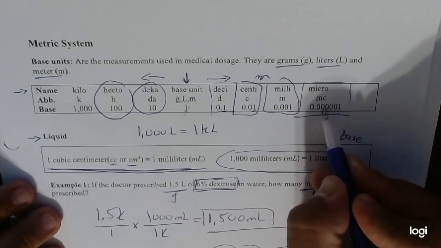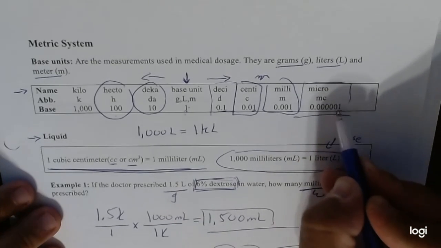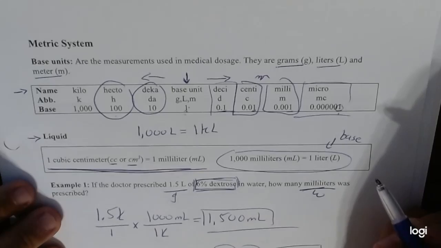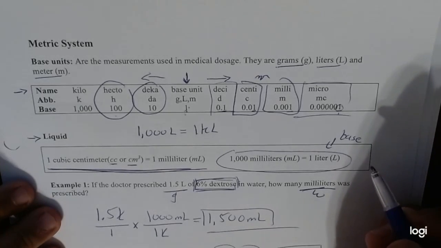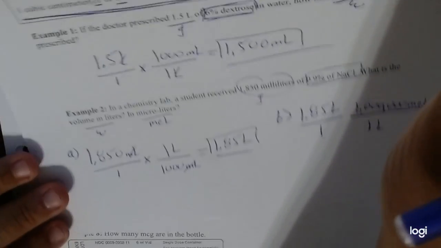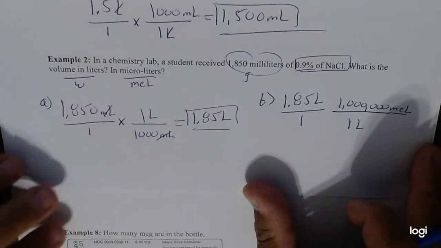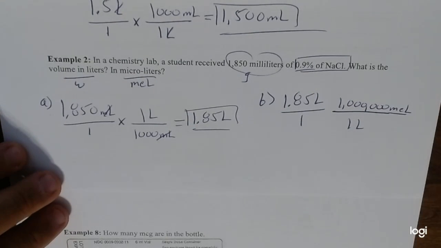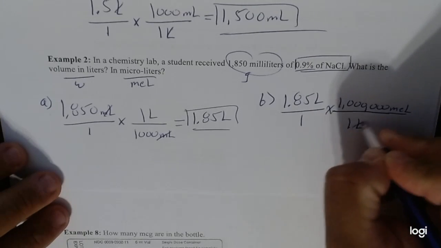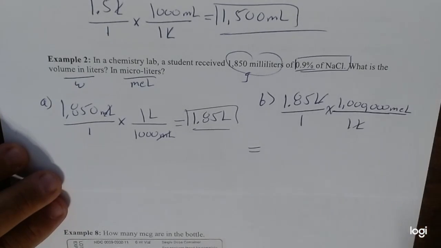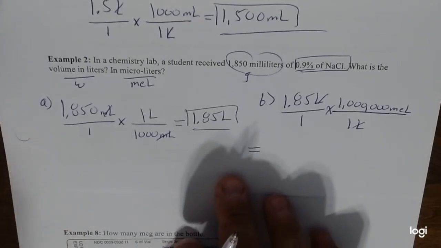Well, this is 10, hundreds, thousands, 10,000s, 100,000s, millions. There you go, that's why. So there are 1,000,000 microliters in 1 base unit of liters. Again, that corresponds to meters and also grams. At this point you just multiply and you get your answer, which is going to be a really, really big number. All right, let's keep going.